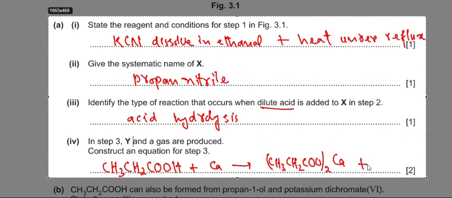Plus, this hydrogen is removed, giving us hydrogen gas. To balance it, just place 2 with the propanoic acid. The equation is fully balanced. I hope you understand.